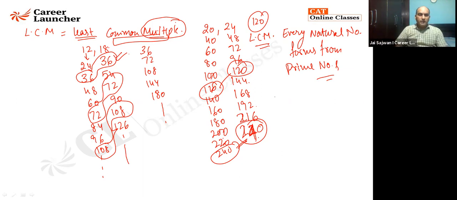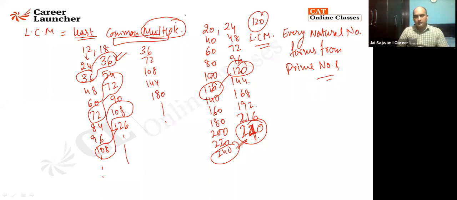Either a number is a prime number or it is formed from prime numbers, except one. I'm sure all of you remember that. One is the God of all these numbers. It is the only number which is not formed from prime numbers, because it is the supreme of all the numbers. The rest of the numbers are either prime or formed from prime numbers.